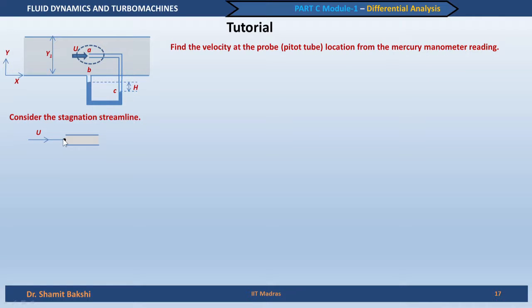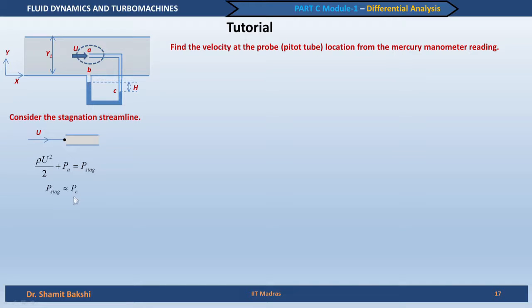So, this is the stagnation streamline. We can apply Bernoulli's equation directly here. If we take this as a point A, rho u square by 2 plus static pressure is equal to the stagnation pressure here, because the sum of these two has resulted in this stagnation condition.